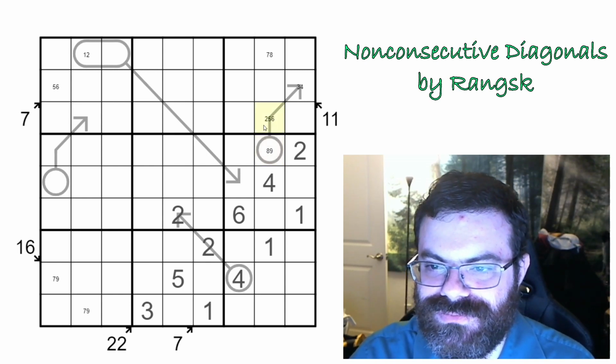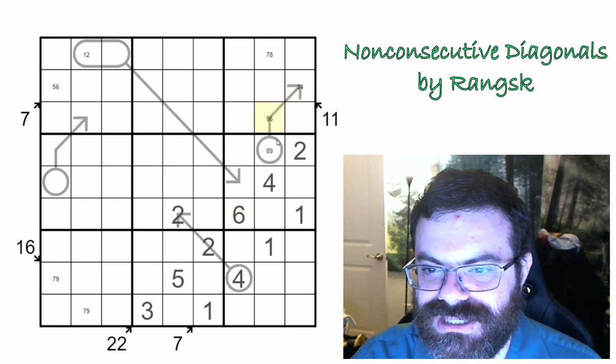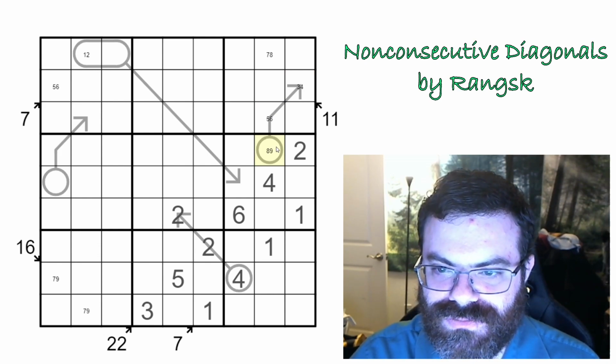Can we be 2, 4? That doesn't break the diagonal constraint, but we can't place a 6 here because there's a 6 in the box. So this can't be 2. What about 5, 3, making 8? I believe that is currently possible.